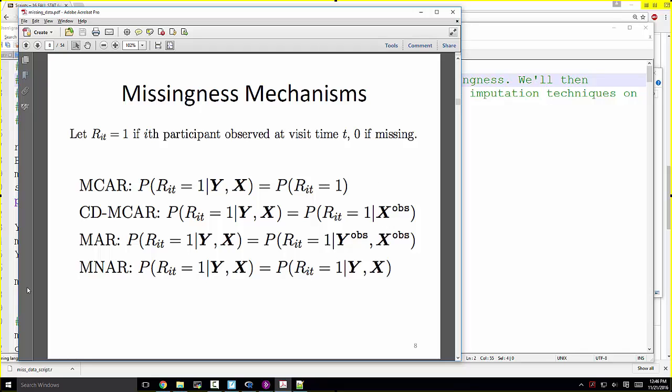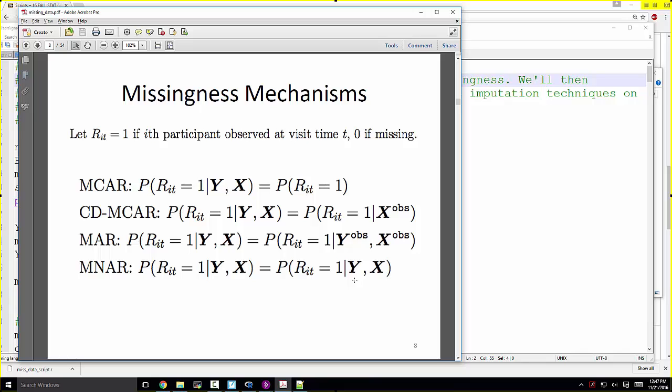Missing not at random is the other extreme, the hardest case to deal with. And this one says that there is no simplification to this probability. The probability of an individual missing depends on the observations of other people in the data set potentially, and potentially on the value for this individual that we would have seen.